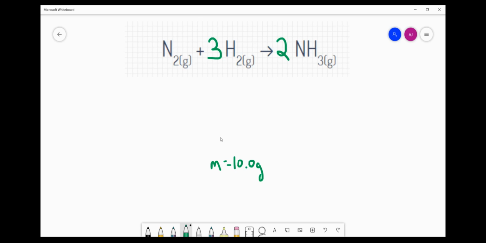Now, I can't do anything with that right now, but I can if I convert it to moles. And we know that the moles of hydrogen is equal to the mass divided by hydrogen's molar mass.